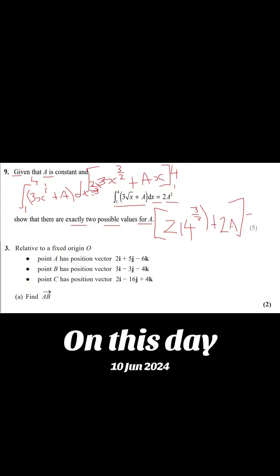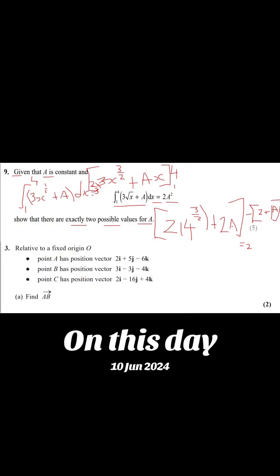Well, that would be just 2, because 1 to the 3 halves is just 1, and then you have plus 1a. So this summation is equal to 2a squared.